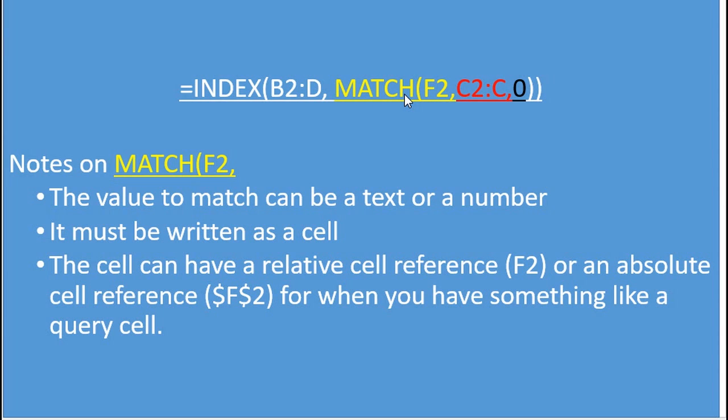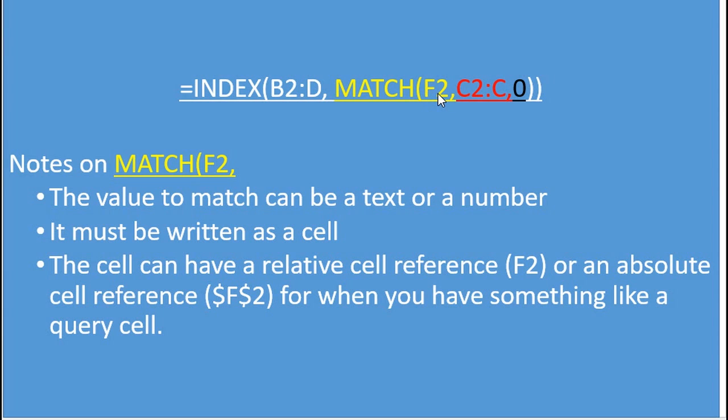If we now go to the match element of the index match function, then in the normal and usually used single criteria function, the first reference must be written as a cell. It refers to the value that must be matched. It can be a text or a number.